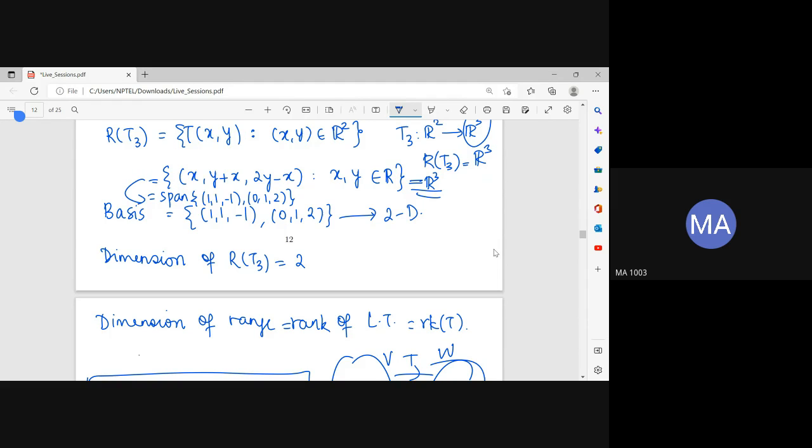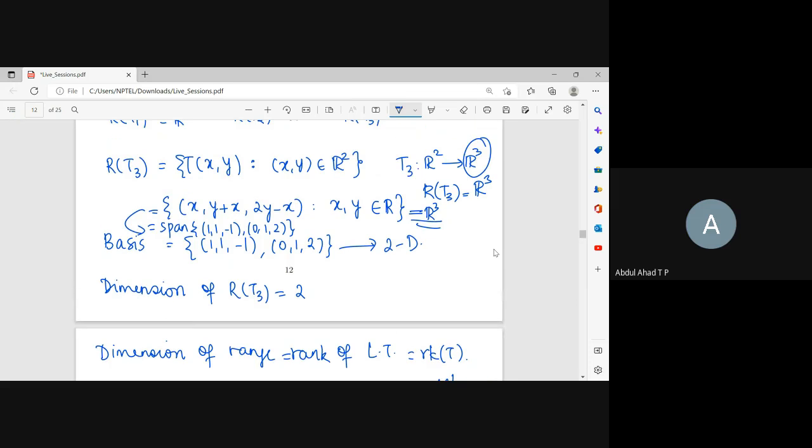This is the span of this set, right? Yes. Does it become R3 then? Then it is onto. If it is not, then no. Okay, thank you.